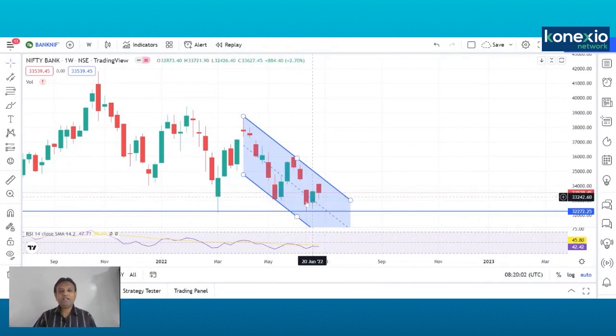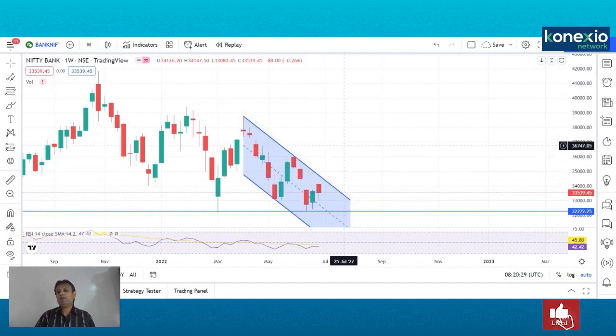Whenever such a kind of candle appears on a larger degree time frame, maybe weekly or monthly, the middle candle would be the trend of the coming weeks or months on whatever degree charts we have observed this kind of pattern. So this is indicating that we might see Nifty breaking this channel and moving into another trajectory on the positive side, and we might see maybe a rally for the next 3 to 4 months from these levels.